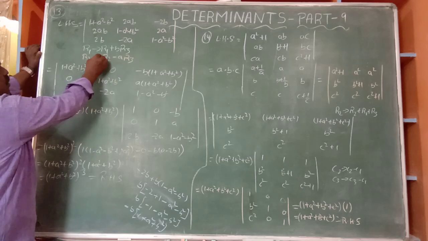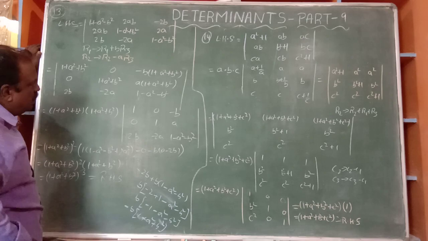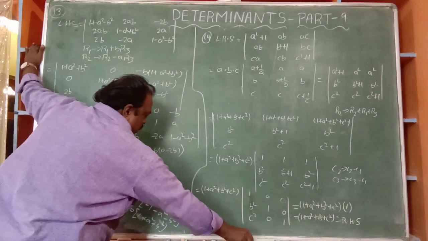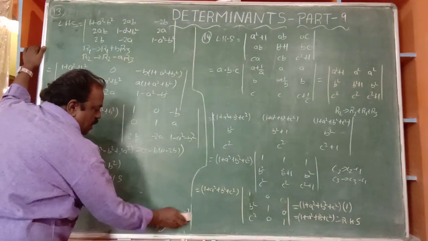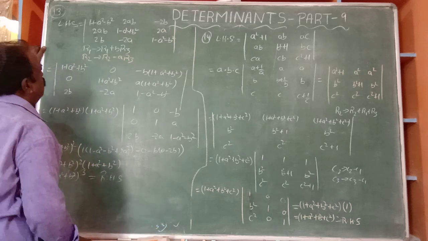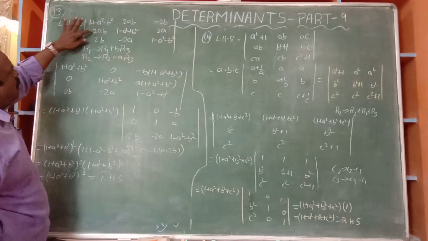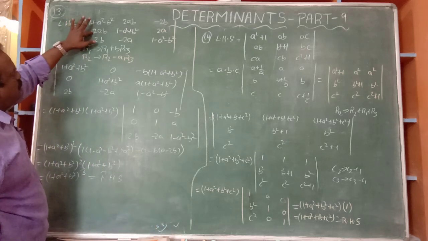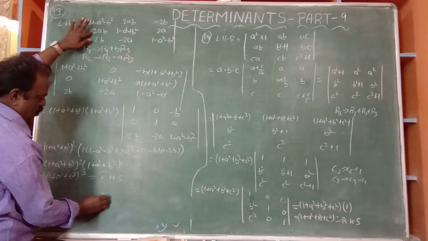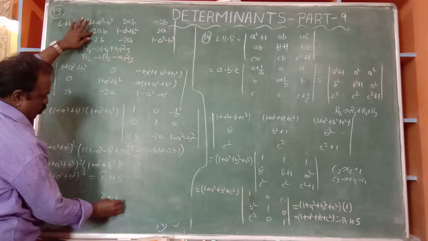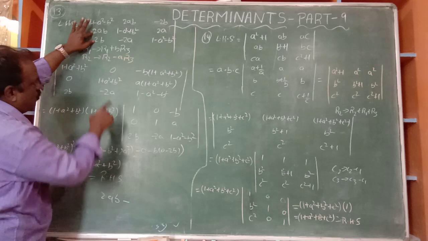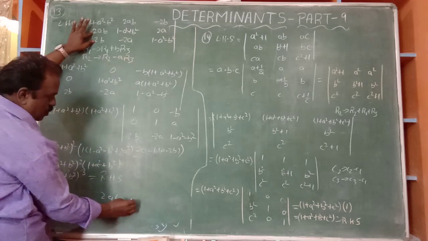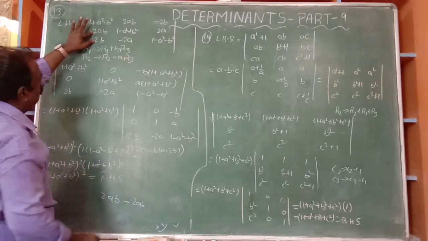R2 also it is changed as R2 minus AR3. Here also, this is R2, with A we are multiplying. R2 is there, 2AB, minus, we have to take minus A into 2AB. So we get 0.